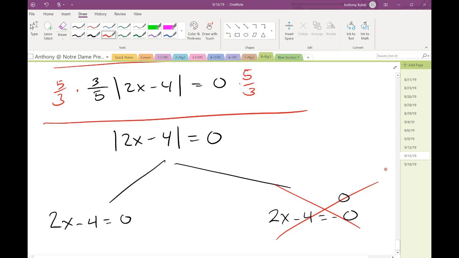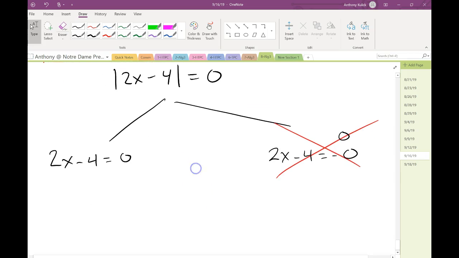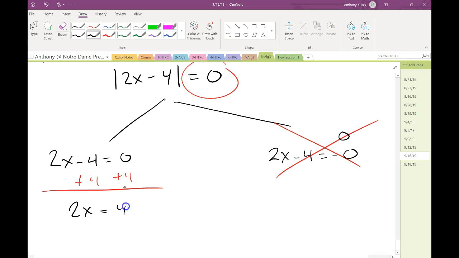I only need to solve one of them. I don't need to solve the same thing twice, if the two equations are identical, which happens when we have the absolute value equal to 0, as Olivia pointed out. So when we do this, we get x equals 2.